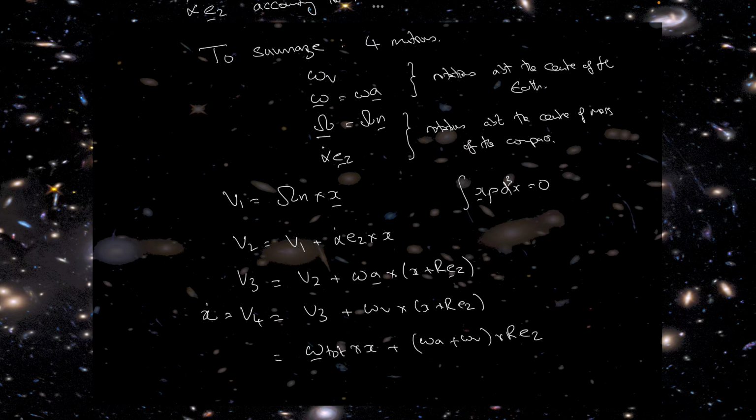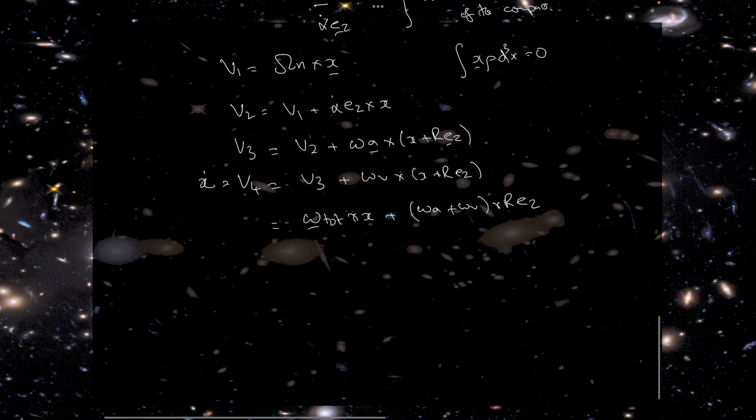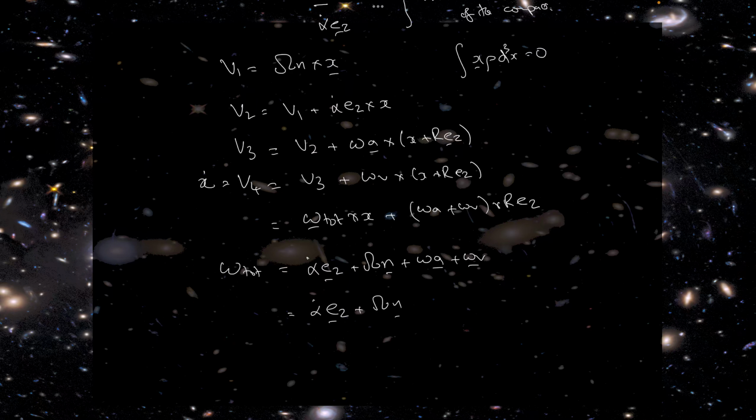v cross Rez, where omega total is alpha dot Ez plus omega n plus omega a plus omega v, and that's alpha dot Ez plus omega n plus omega primed a minus Vn over Rez, where omega primed is omega plus Ve over r sine theta.